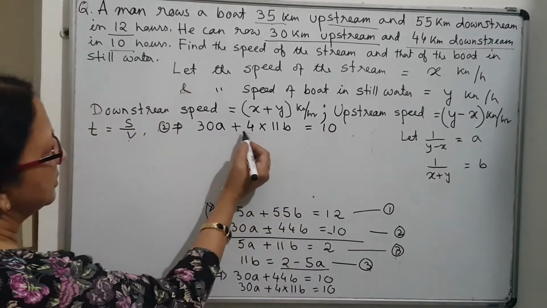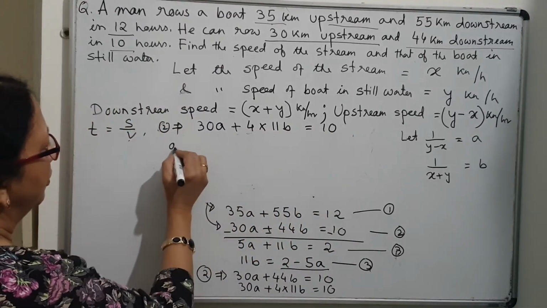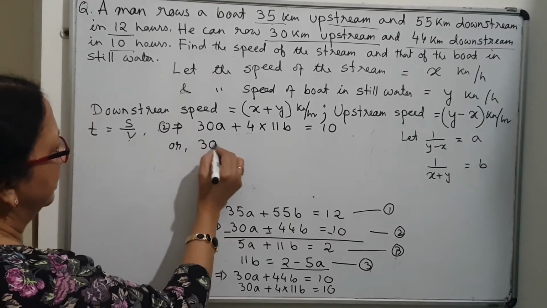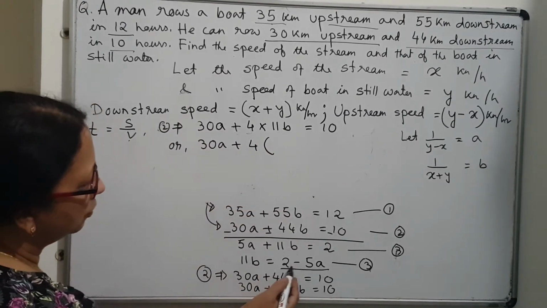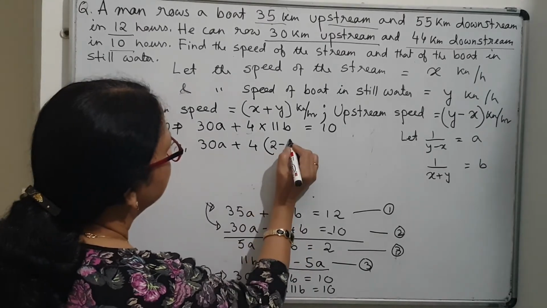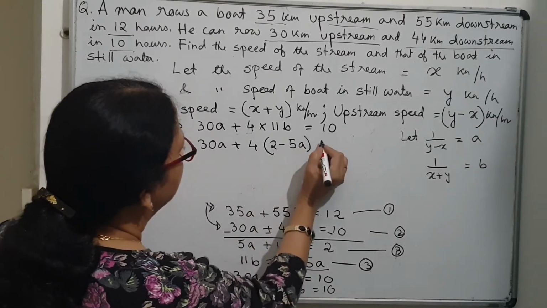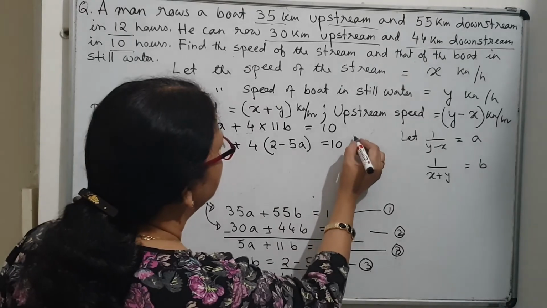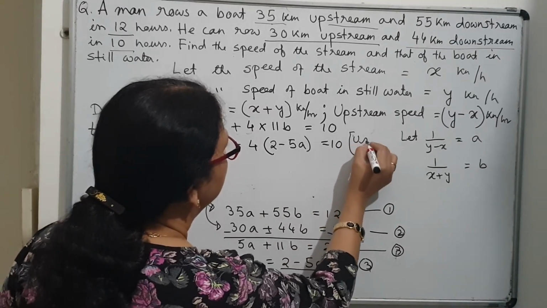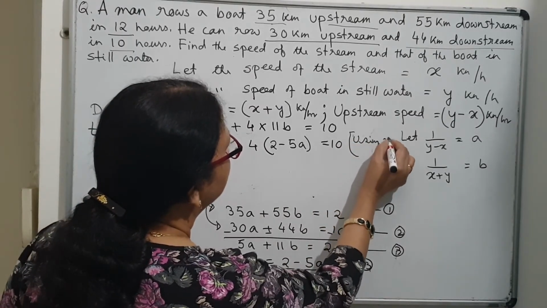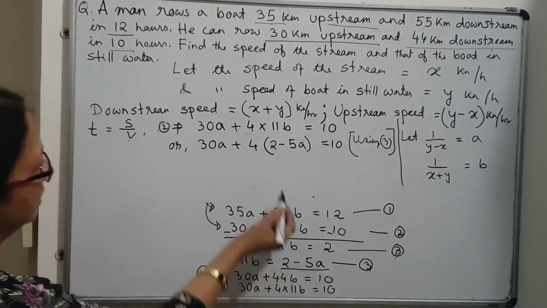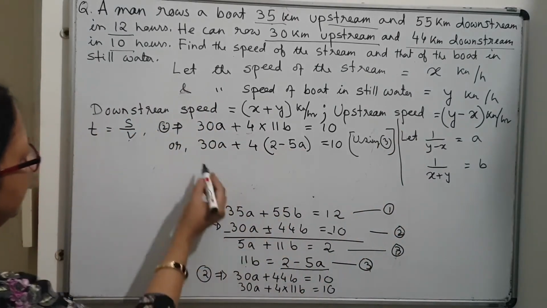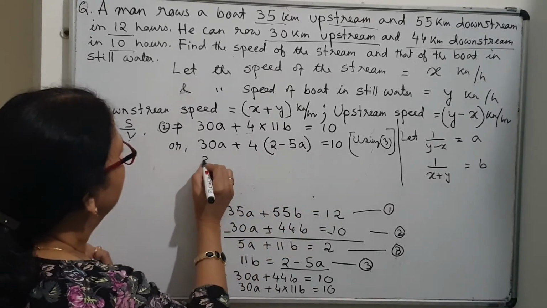So 44 I have split it in this way, or 30a plus 4 into, what is 11b? 2 minus 5a. 2 minus 5a is equal to 10. Here I have used equation 3. In place of 11b I used 2 minus 5a. Now it will be very easy to solve.